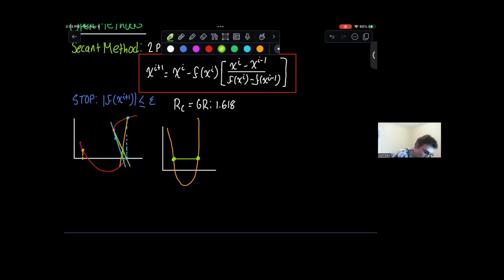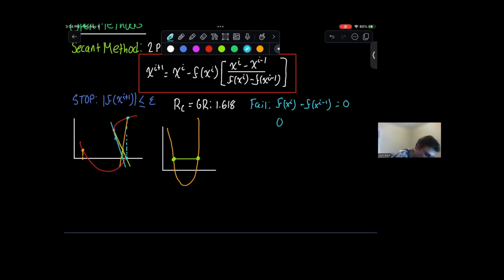And then we're going to get our x's divided by a big fat 0. And that's not good, obviously. So that's one failure scenario: f of xi minus f of xi minus 1 is equal to 0.